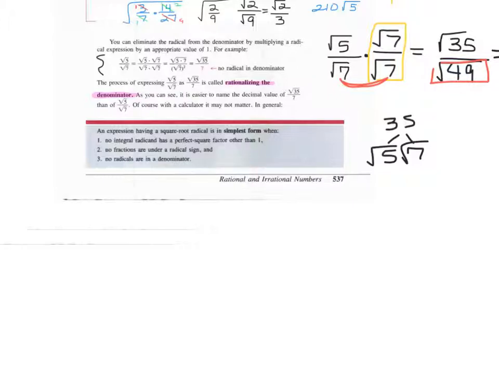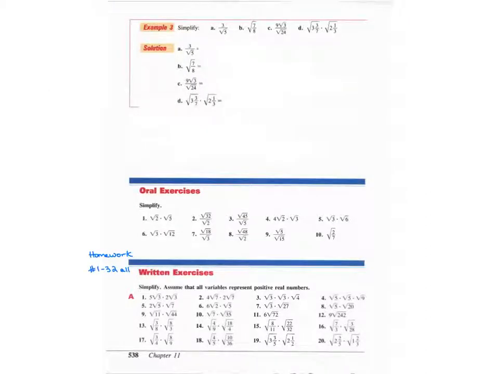So again, if it's a perfect square, it's going to come out of the radicand, or the radical symbol. No fractions are under a radical sign. So what you would do is break the fraction apart, give it its own radical sign, and then simplify. And again, no radicals can be left in the denominator. Let's try 4 more examples. Move on here and do the next ones.